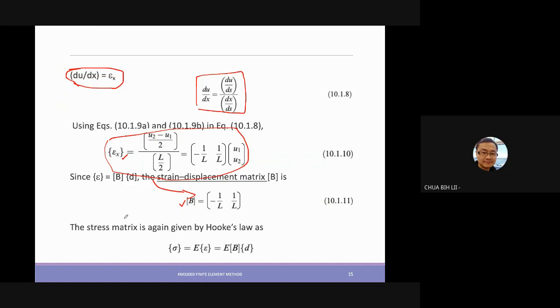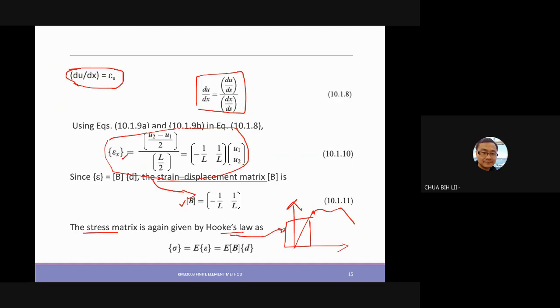we have the strain, and we can also obtain the stress matrix by using Hooke's law, assuming it is still under the limit, before it starts to curve and fracture. Along this particular section, Hooke's law still applies.